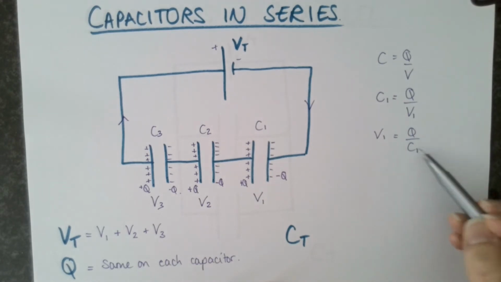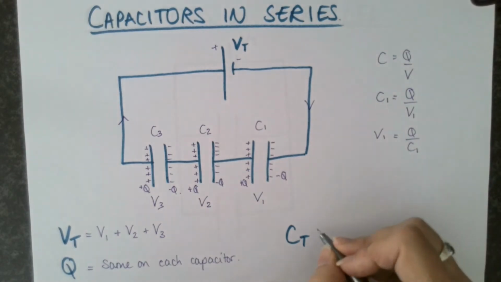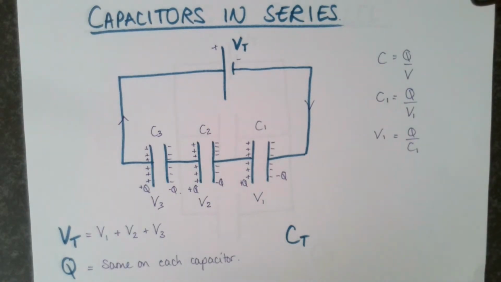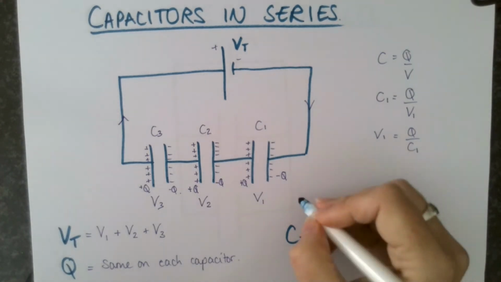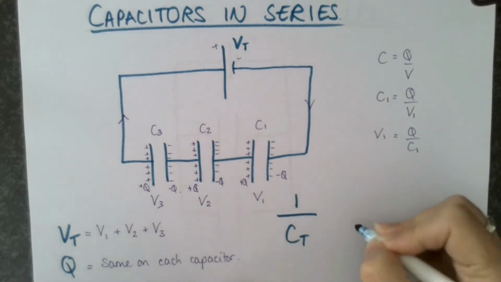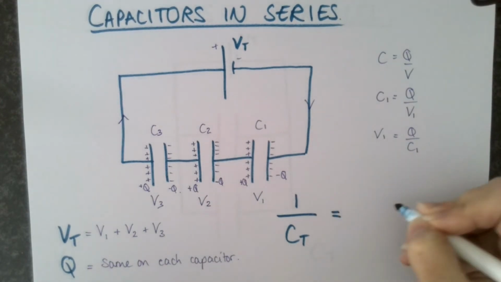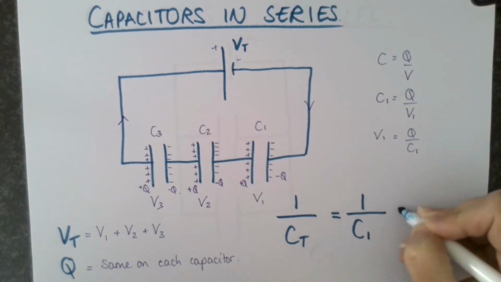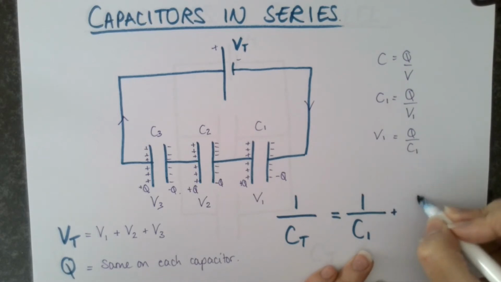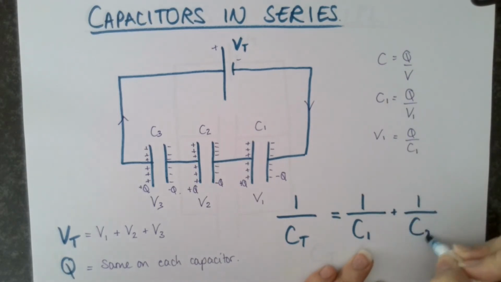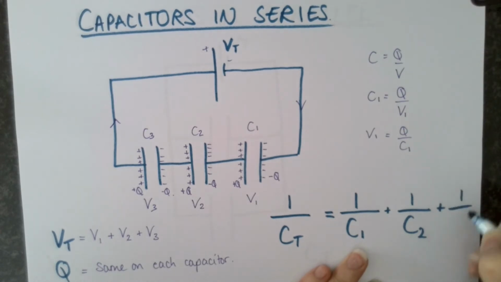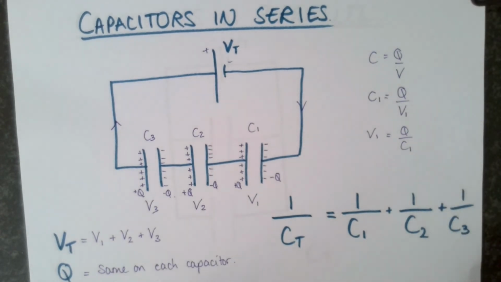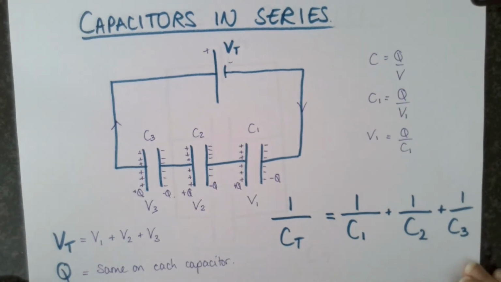Okay. We can also use this combination in order to prove the equation for capacitors in series, which I'm not going to do at the moment. I want to keep this as simple as I can, but the equation for capacitors in series is 1 over the total capacitance equals 1 over the capacitance of capacitor number 1 plus 1 over the capacitance of capacitor number 2 plus 1 over the capacitance of capacitor number 3. That's tricky to say.